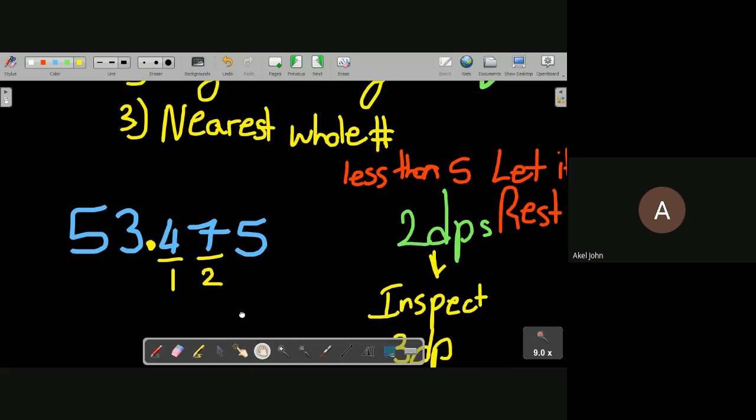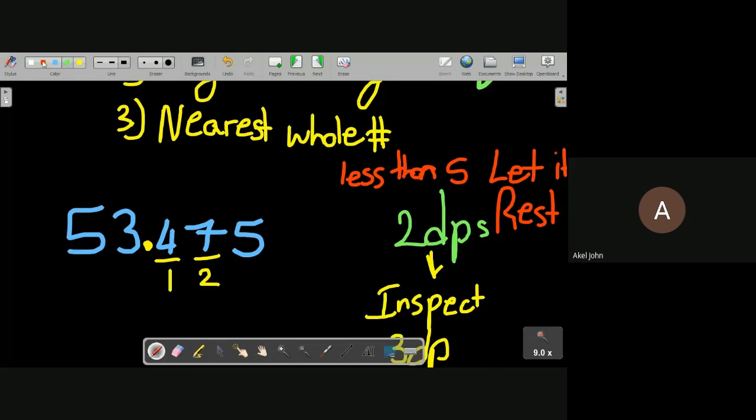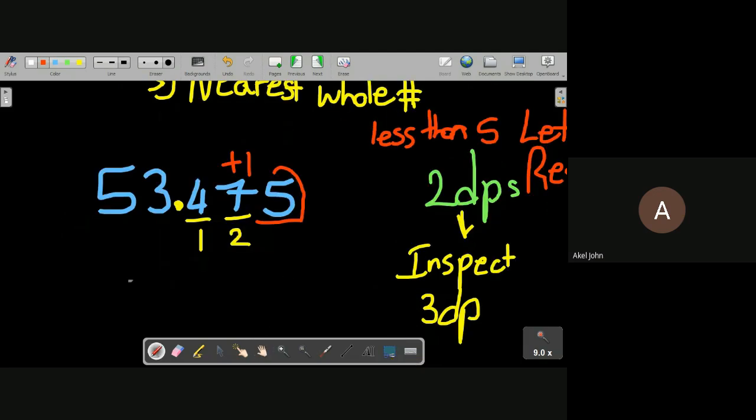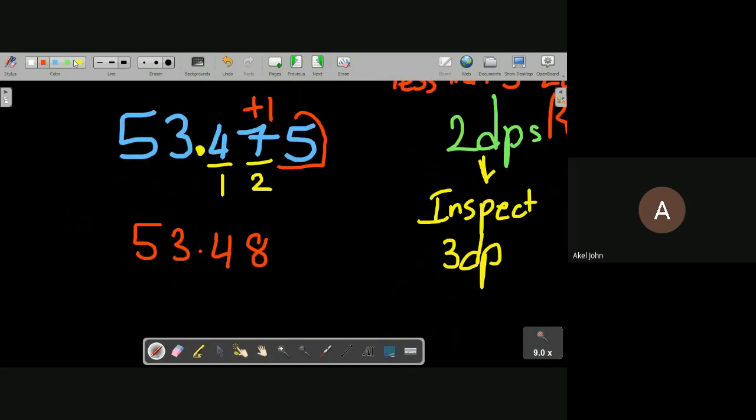And since they ask us for two decimal places, we need to look to the third, and this would be the 5. Since it's 5 or more, we need to add 1 to the left. So 5 and more, add 1 to the left. So that's going to be 53.48 to two decimal places.